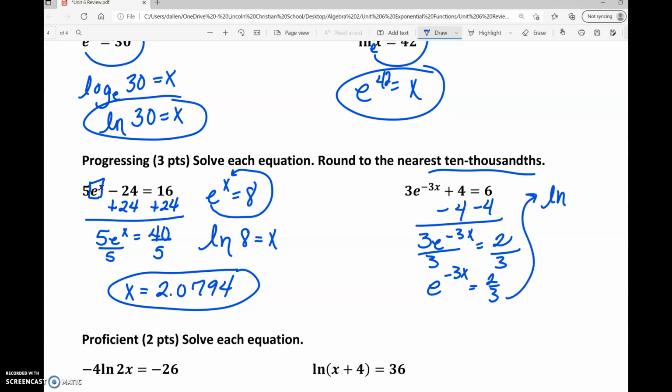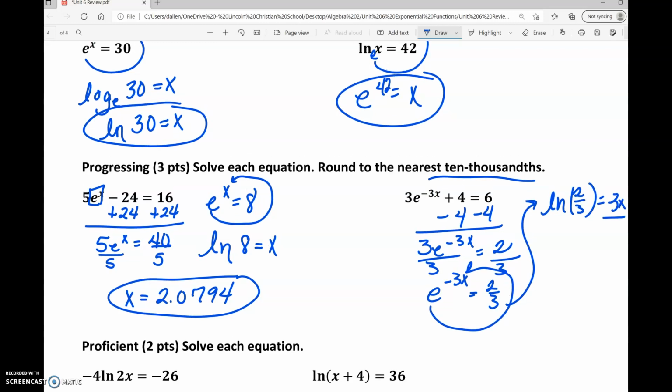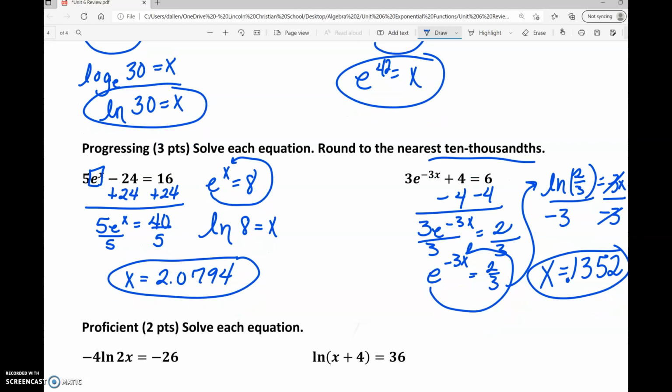So natural log of, so we start at our base, 2/3 equals a negative 3x, and then I'll divide by negative 3. Just like the logs, I want to make sure I put parentheses there, but x equals, and then plug that in my calculator, you should get 0.1352. And again, try that, because if you're not sure how to plug it in, trying to figure it out tomorrow or at test time won't work.